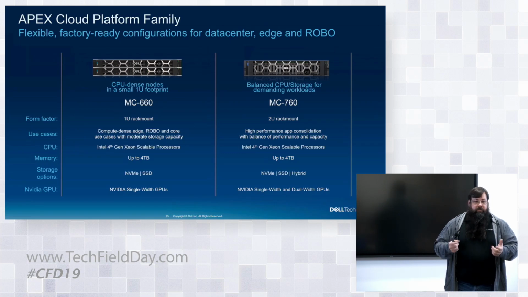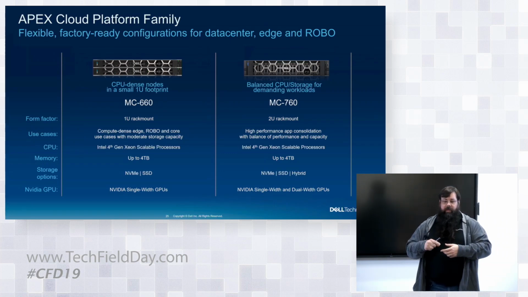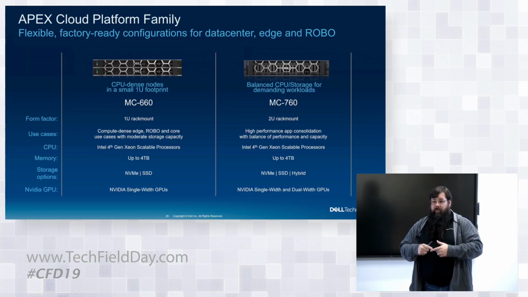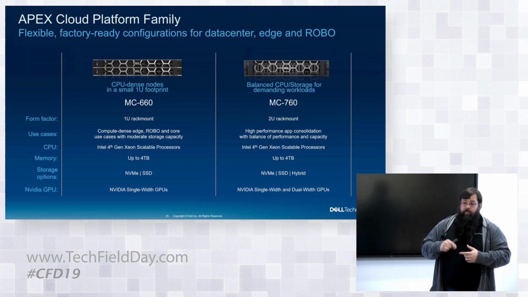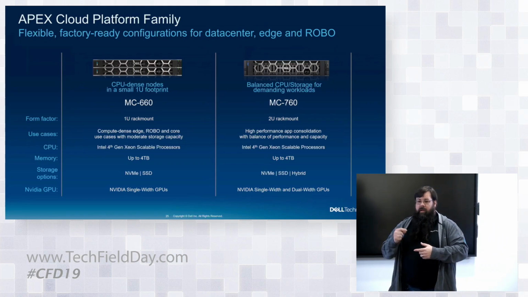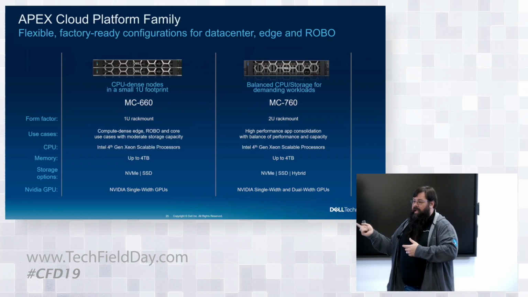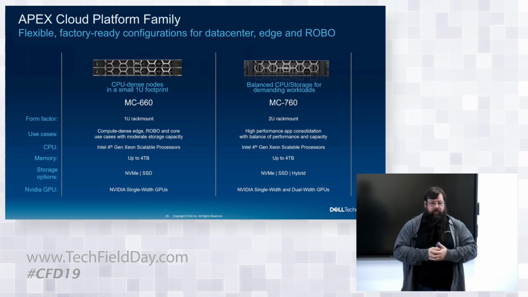For people that are interested in AI and GPU workloads, we just launched a white paper in November of last year that shows an implementation of OpenShift AI and a generative AI solution on top of the Apex Cloud Platform for Red Hat OpenShift.